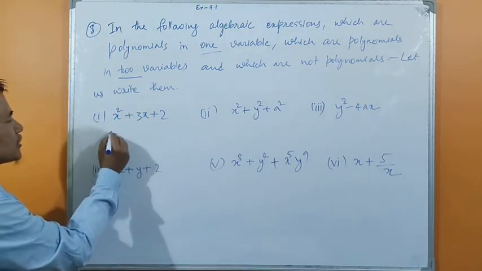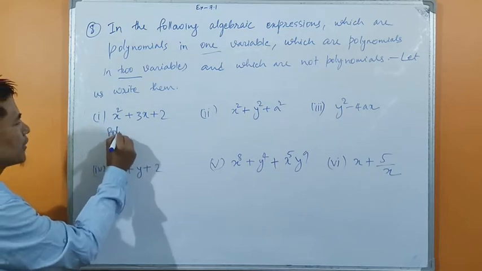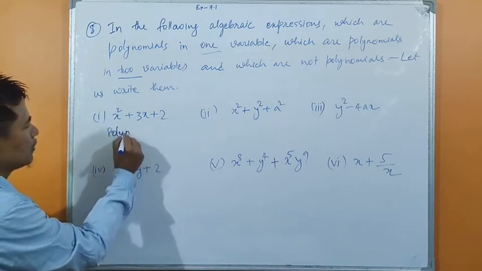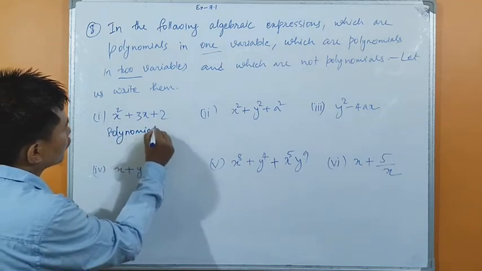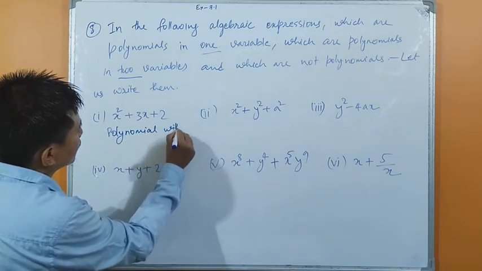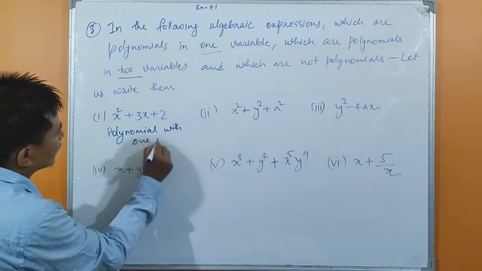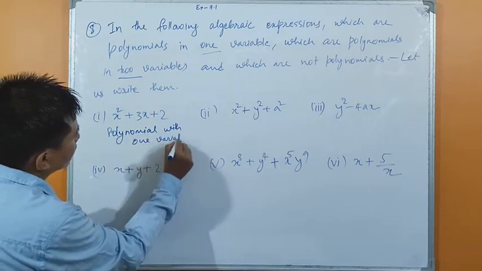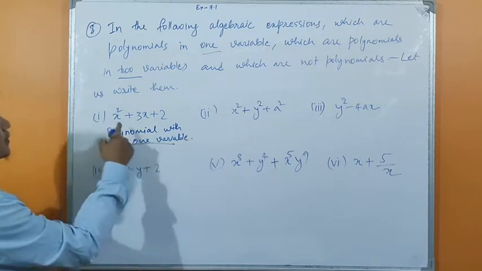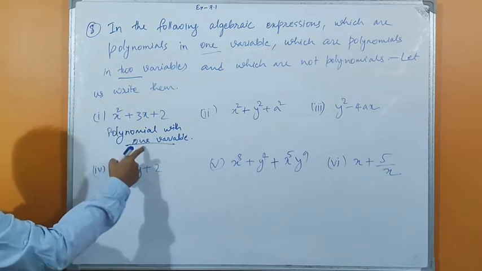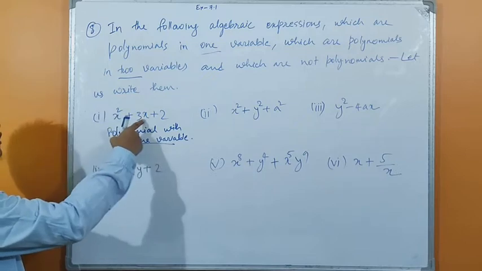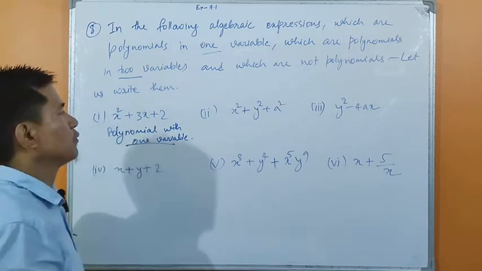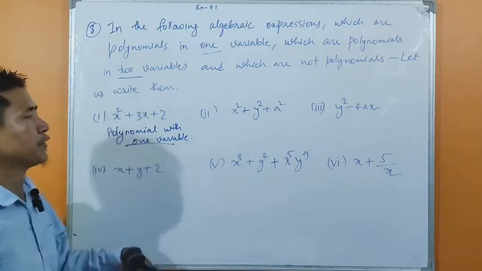So this is a polynomial with one variable, because the variable is x and the power of x is +2 and +1, which is a positive whole number.